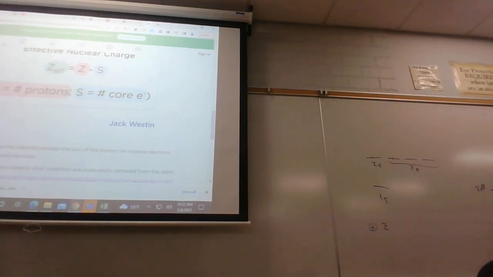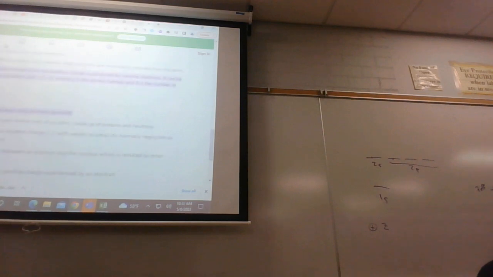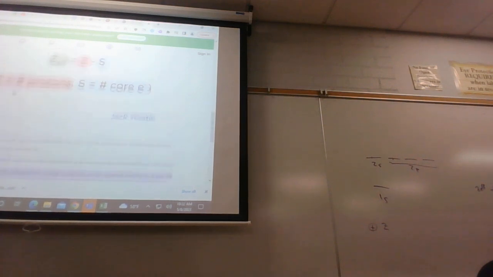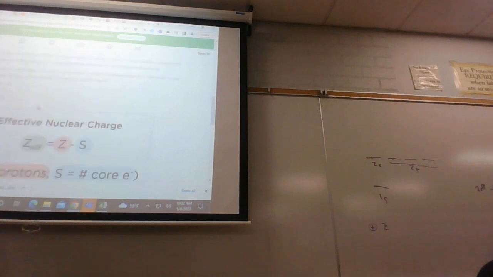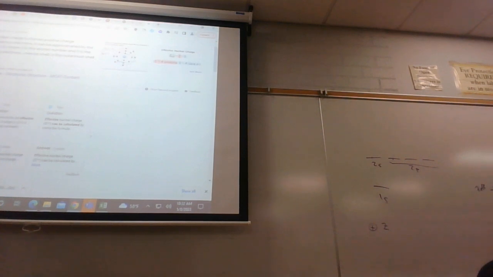Does that scale downwards as you go higher? Oh, no, it's always the same. Inner shell electrons shield 100%. Same shell electrons are about 30% shielders. So this equation's oversimplified. Let's look at another one.